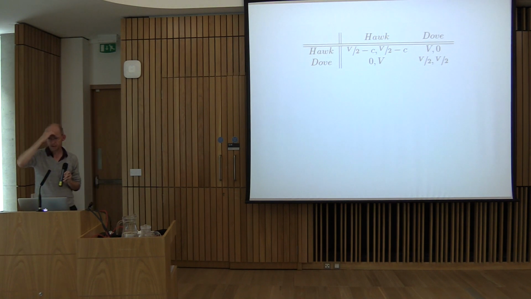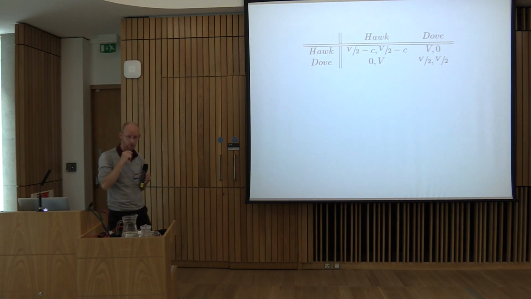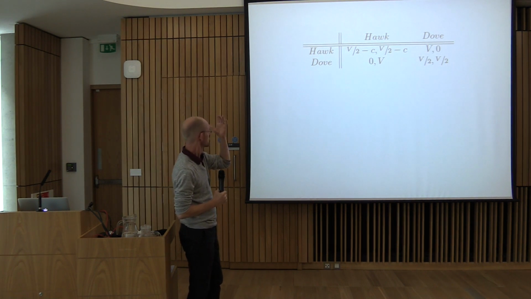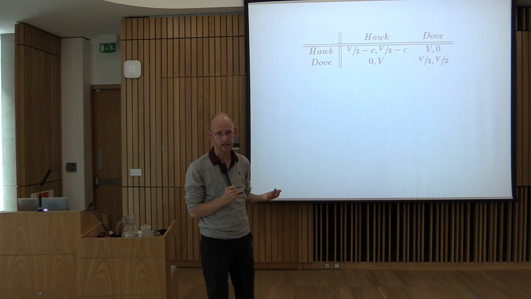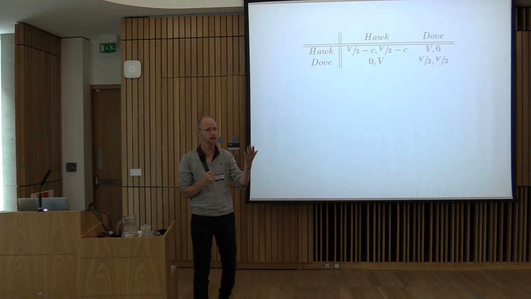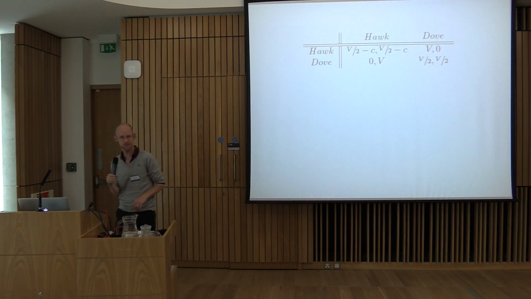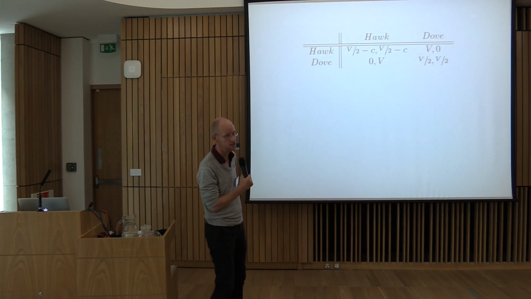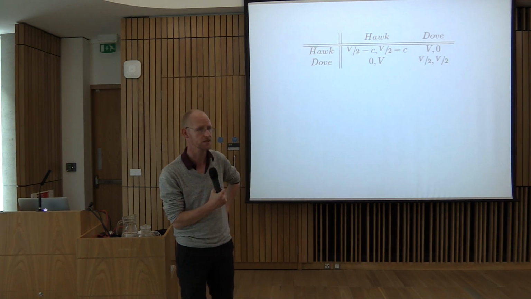Okay. So here's an example of a game. It's called the dove-hawk game. It's a famous one. We have two players, playing hawkish and playing dovish. Think of the American politicians. If the one plays hawkish and the other is a dove, the hawk wins.